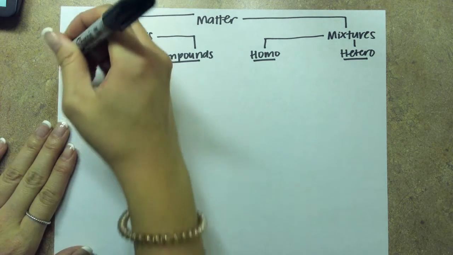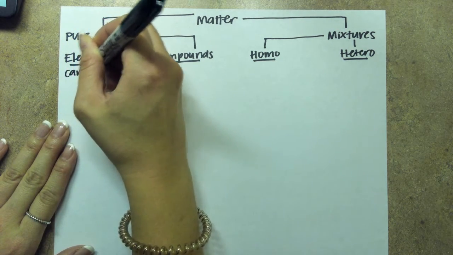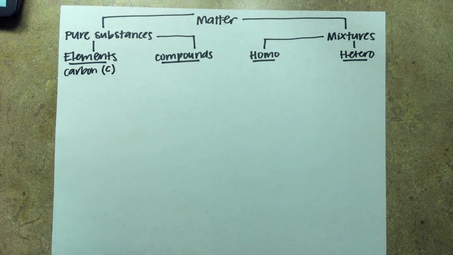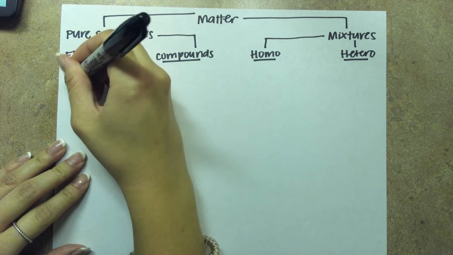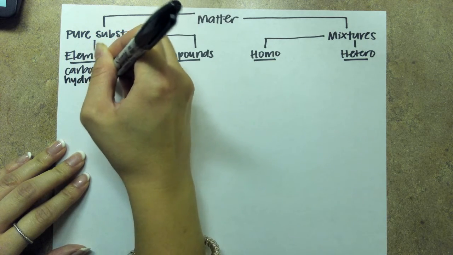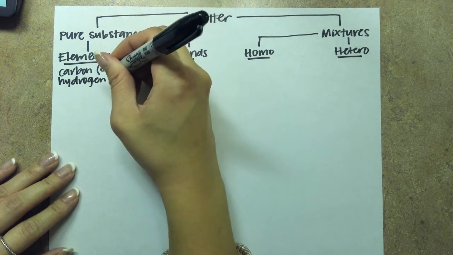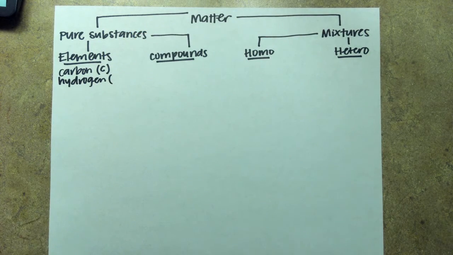And so an example would be something like carbon. The symbol for that is C. It can also include your diatomic elements or your diatomic molecules. And so an example of a diatomic element would be something like hydrogen. And so remember, diatomic, when we write those down, it's going to be two of those atoms bonded together.